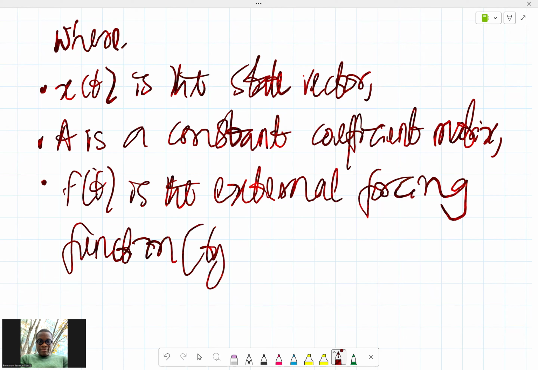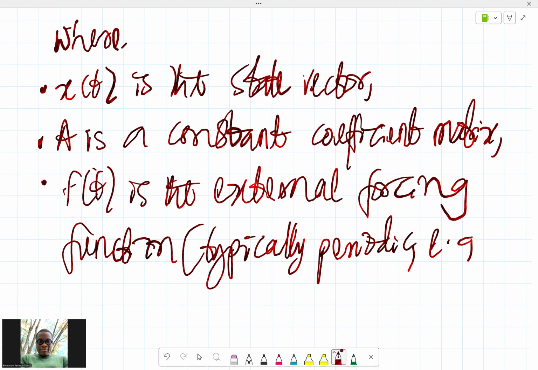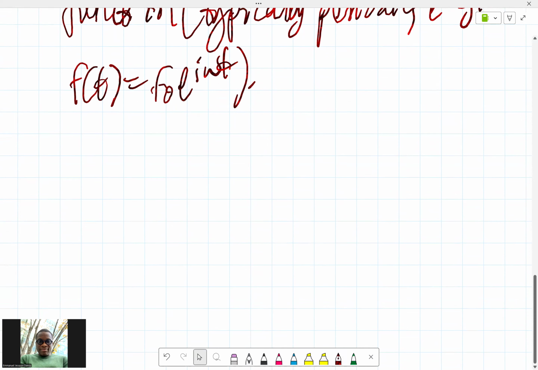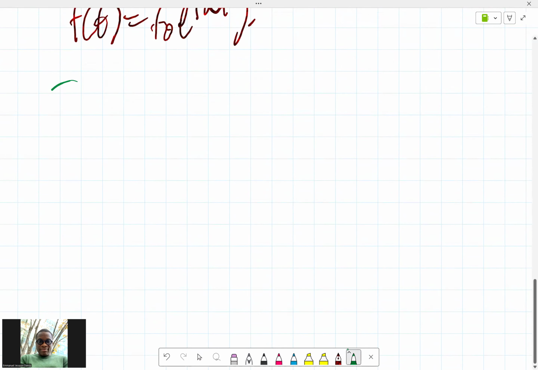It is typically periodic, for example f of t equals f naught e raised to i omega t, which is clearly periodic. Now let's talk about the solution structure for this.